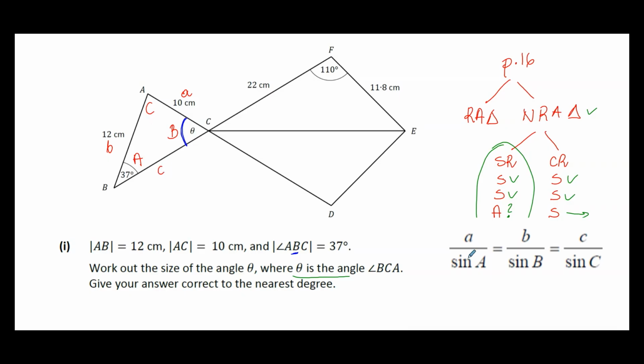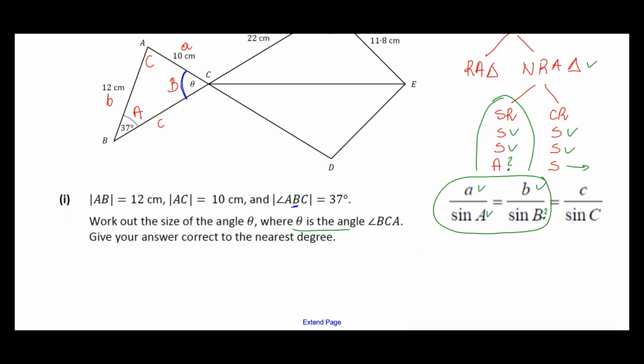Now out of these six elements, which ones do I have? First of all, which one am I looking for? I'm looking for capital B. So that's the one that has to be included. Now, what else do I have? I have capital A. I don't have C. I have A, and then I have B. Perfect, so those two are the ones I'm going to be using.